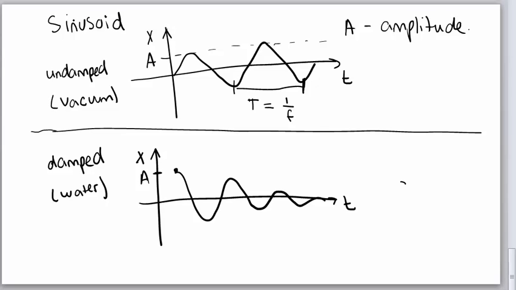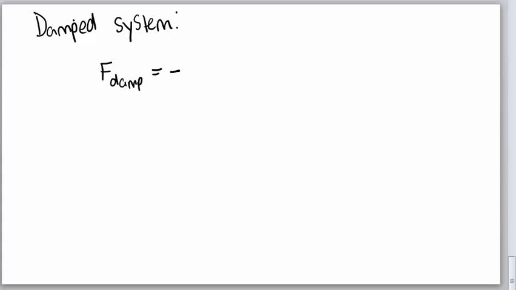Now let's look more carefully at the damped system. The damped system has an additional force, the damping force, F damp, given by negative bv, where v is the velocity and b is the damping coefficient, which is a constant.